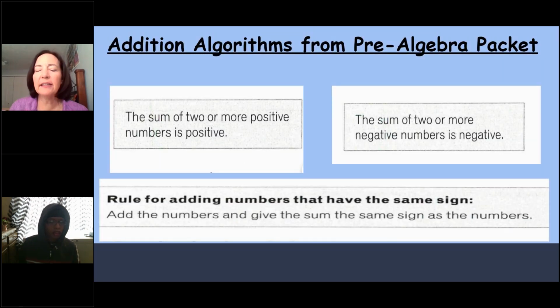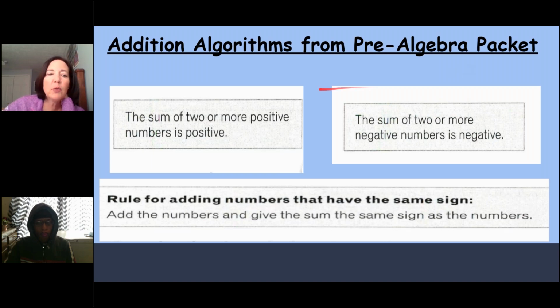In the packet, when you get to the packet that says pre-algebra and you're doing these lessons, they had a number of algorithms written in there, and I just wanted to talk about theirs. I actually like all of the addition algorithms they had in there. They just kind of said the same thing that we just said. So their algorithms were the sum of 2 or more positive numbers is positive. It's important that you remember that sum means addition problem. Sum is the answer to an addition problem.